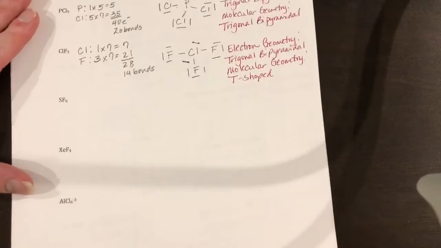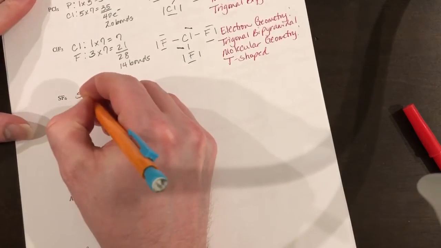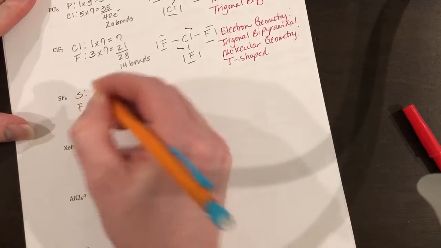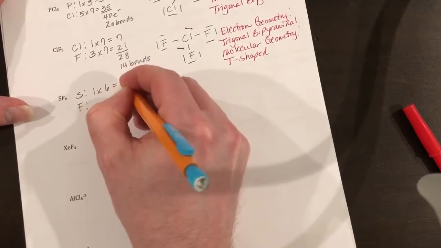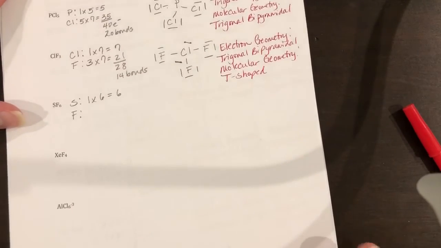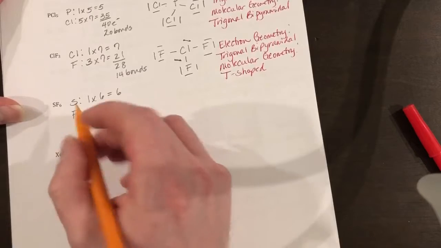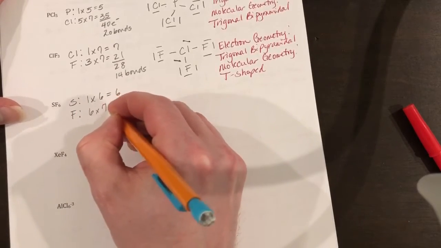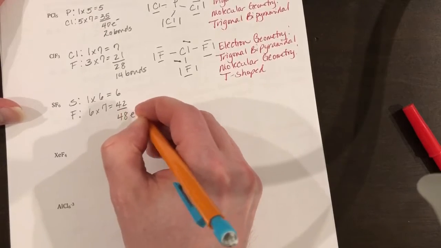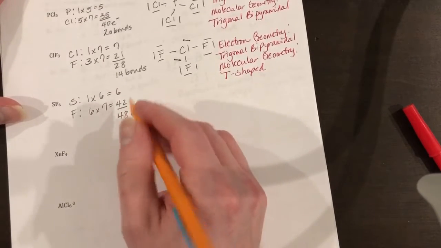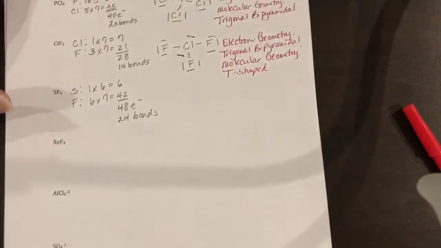Okay, so SF6. Okay, sulfur, I got 1 sulfur, it's in group 6, so we got 6. Fluorine, I have 6 fluorines, and fluorine is in group 7. So it's 48 electrons. 48 divided by 2 is 24 bonds.